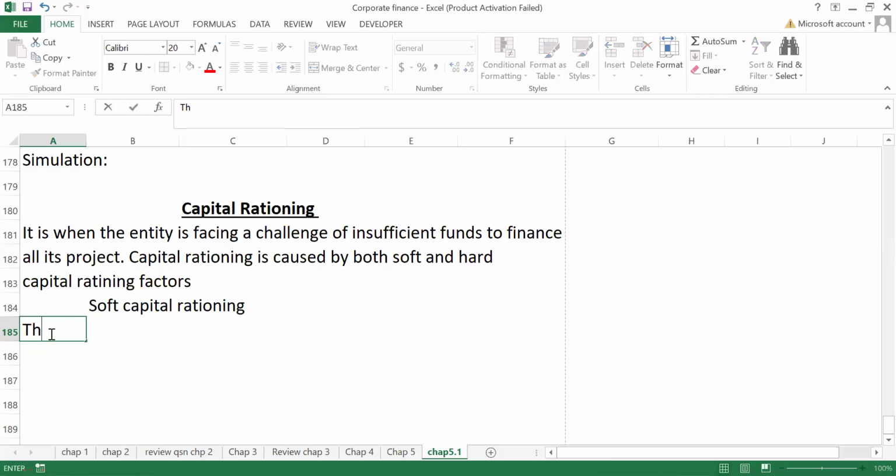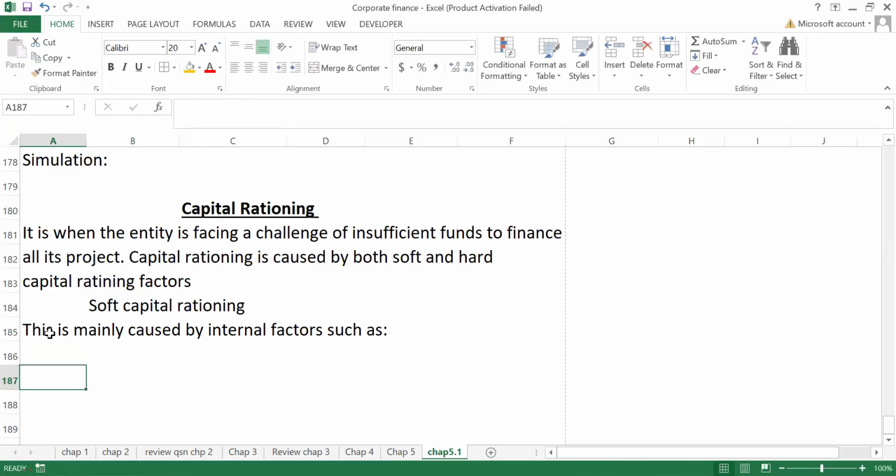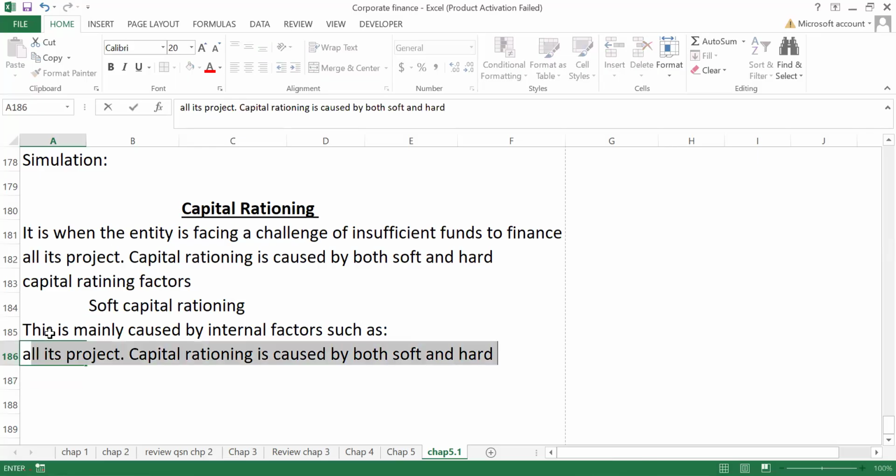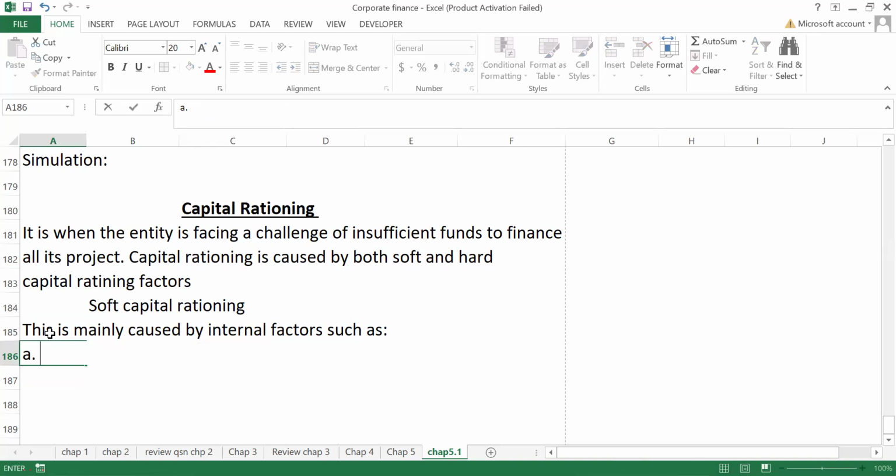So we can say that this is mainly caused by internal factors, such as the shareholders are not willing to raise more capital.